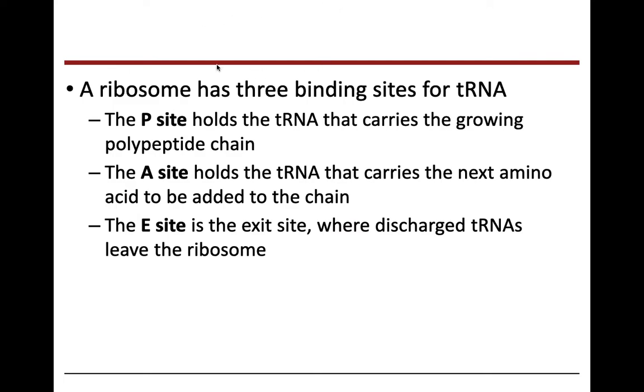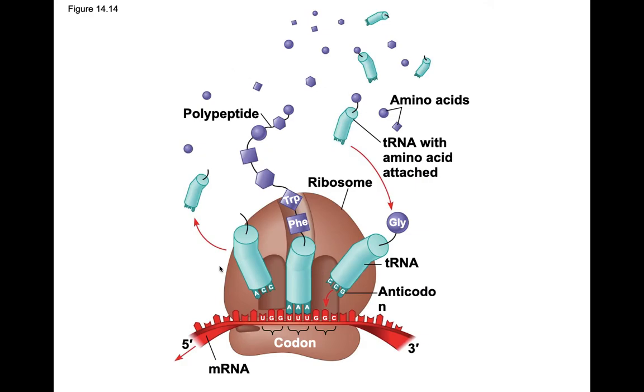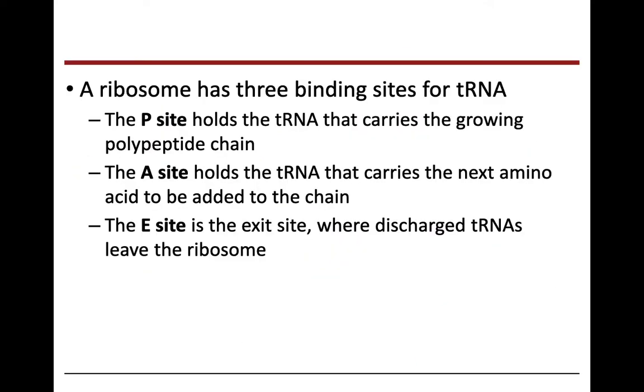So a ribosome has 3 binding sites for these tRNA molecules, which means at any given point we might see 2 or 3 of these tRNA molecules with their anticodons within a ribosome. I always think about the acronym APE. So we have P, which is going to be the tRNA that's carrying the growing chain.